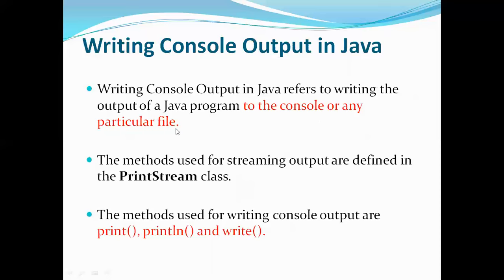So you can write the output to the console itself, or you can save it in a particular file. The methods used for streaming output are defined in the PrintStream class. So every method that we use to write output on the console is actually defined in this PrintStream class.